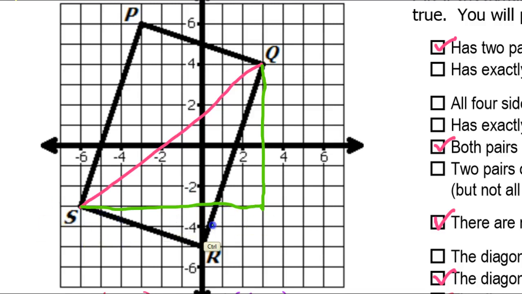So the horizontal part, this seems to be 6 and then 3. So this part down here is 9. And the vertical part, I see 4 and 3, so this is 7. So I have 9 and 7.